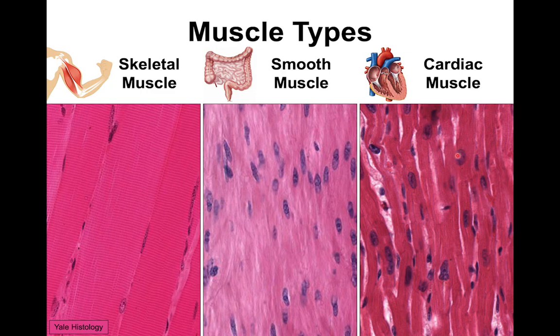The other distinguishing feature of cardiac muscles is that they contain intercalated discs. Adjacent cardiac muscle cells are attached by, or communicate by, intercalated discs. These dark lines that run transversely indicate intercalated discs.